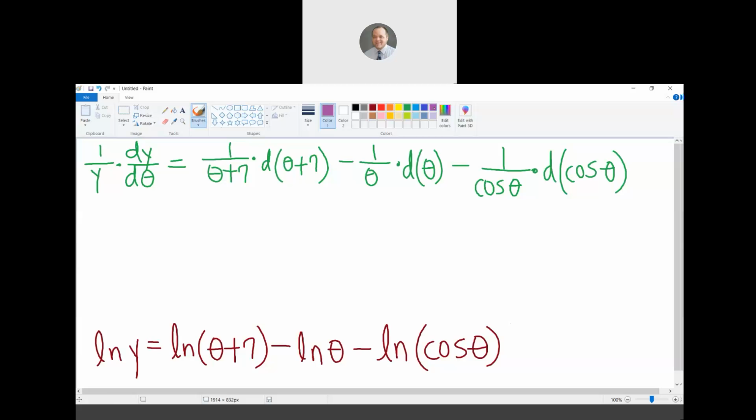The derivative of theta plus 7 is just 1. The derivative of theta in the middle, that's the same thing as taking the derivative of 1x. That's just 1 also. And the derivative of cosine theta is negative sine theta.